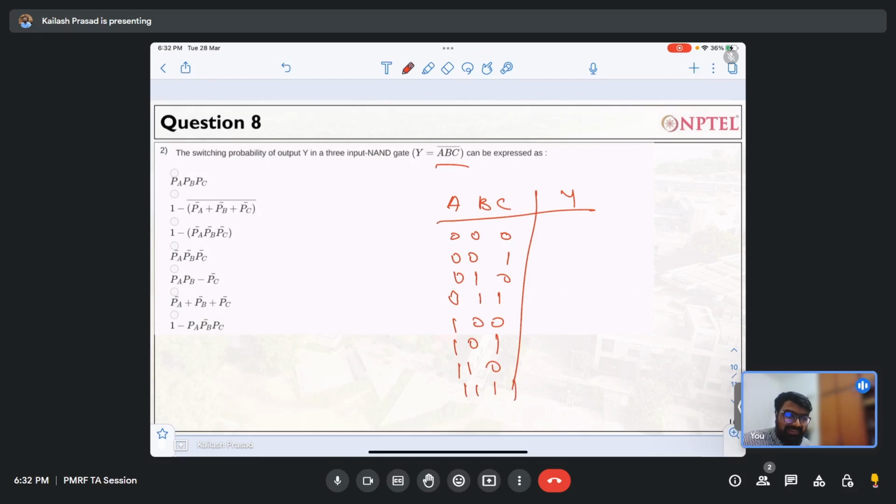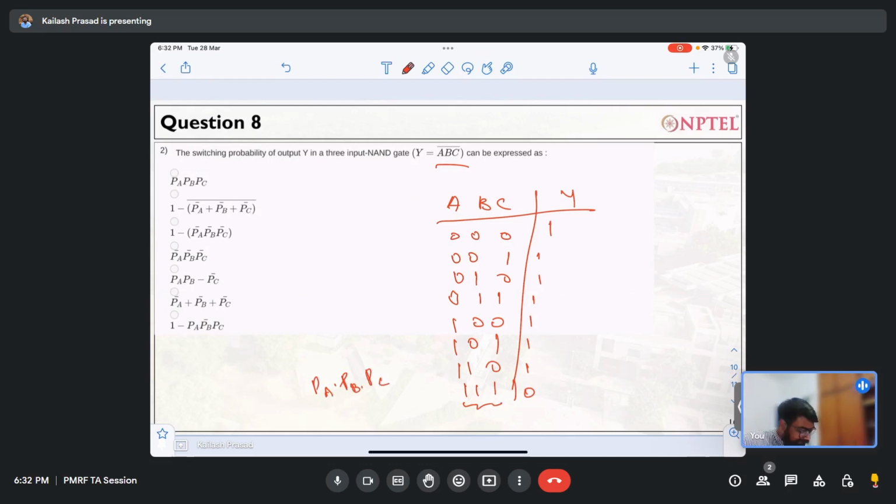If it is an AND gate, it will be all 0 and the last one 1, and if it is a NAND gate, all 1 and the last one is 0. So for the NAND gate, this is PA multiplied by PB multiplied by PC.